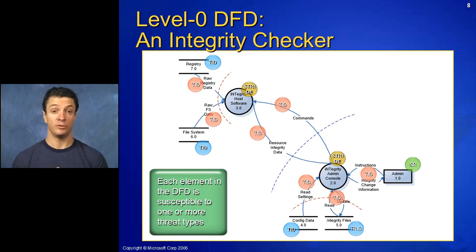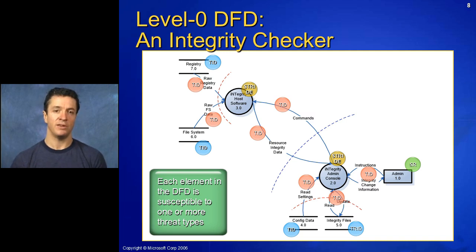But you can spoof a user, you can repudiate their transactions. A process is subject to absolutely all the STRIDE categories: spoofing, tampering, repudiation, information disclosure, denial of service, and elevation of privilege. Data flows and data stores are subject to tampering, information disclosure, and denial of service.